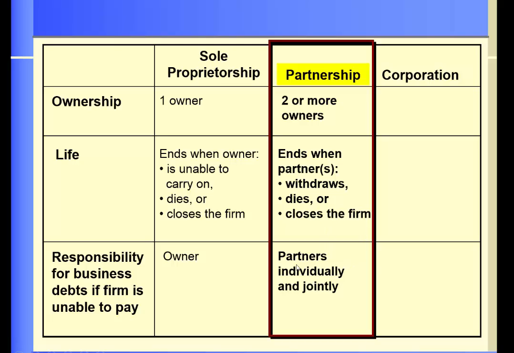Who's responsible for the debts of the firm? The partners are. They're both individually and jointly liable. So if you have two partners, one of them is married with 3 kids, and the other one is single and has no particular local obligations, and you have $100,000 of debt, and you're 50-50 partners, and the business goes broke and quits business, the single guy can pick up and go to Mexico.